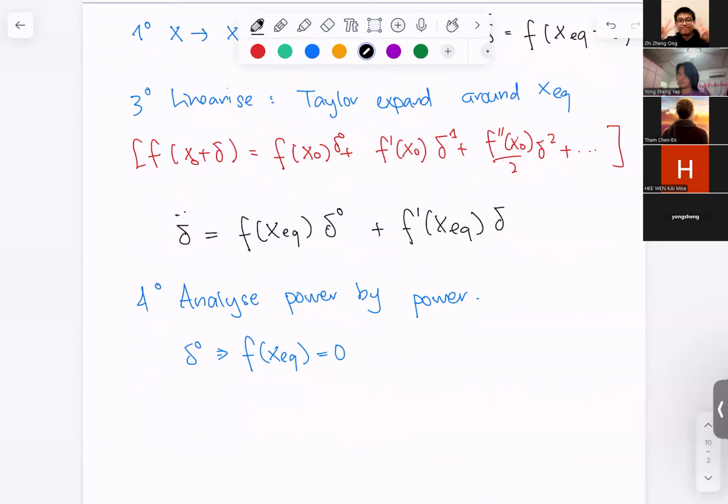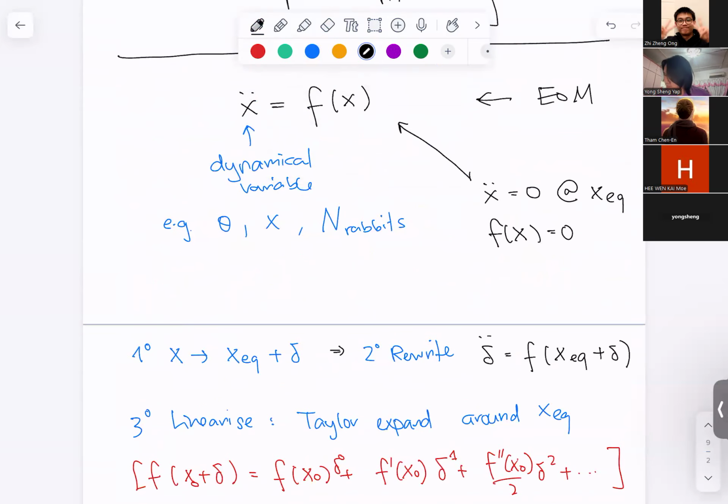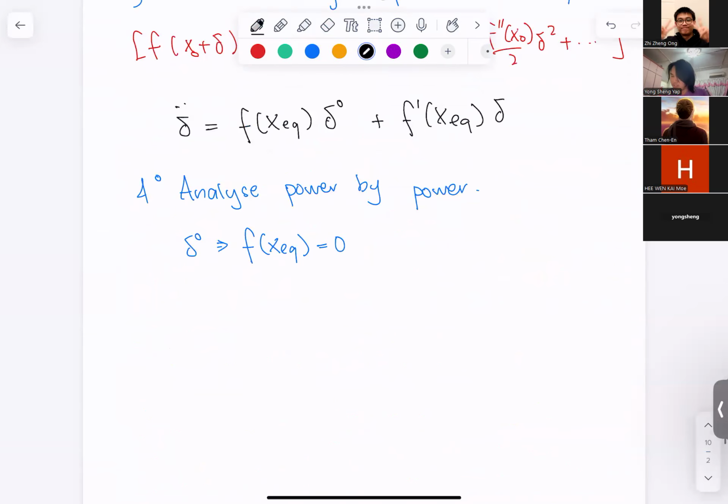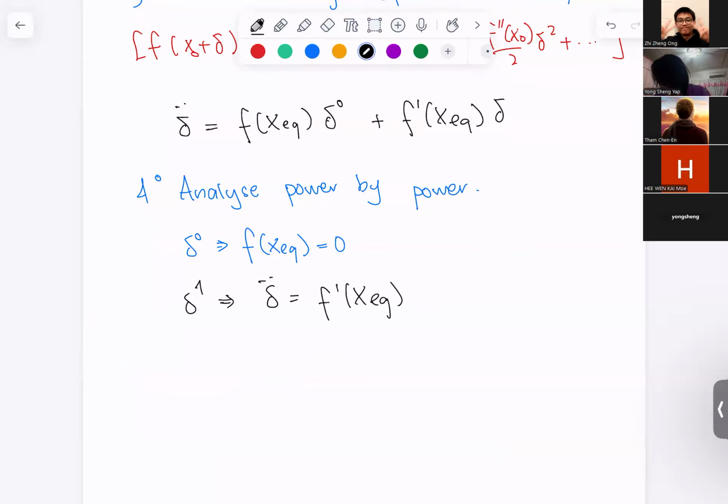So basically this tells you, when x double dot is 0, you can find an equilibrium point such that f of x is equal to 0. That is the delta 0 part, and the delta 1 part basically gives you delta double dot equal to f prime of x eq times delta.